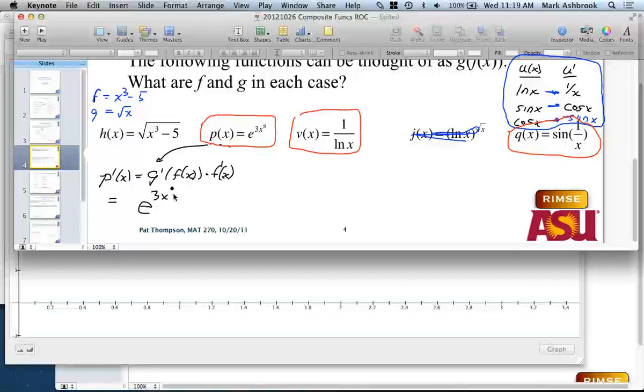What's the rate of change of e to the x? That was that very special function we found out last time, where the rate of change is the same as the original function. So that's the rate of change, but then it's with respect to f, so we leave that same function plugged into e to the x. Okay, keep going.